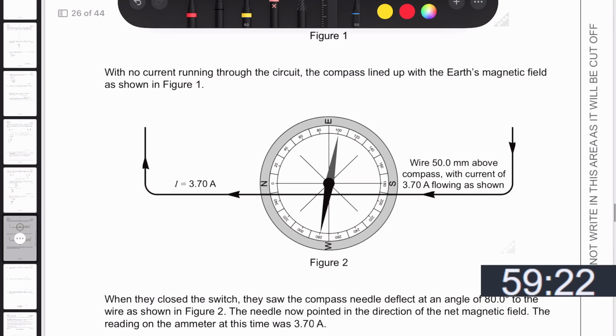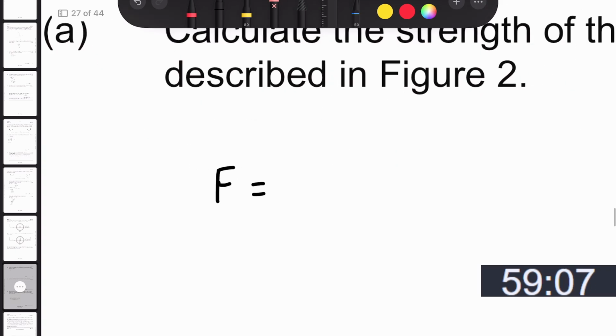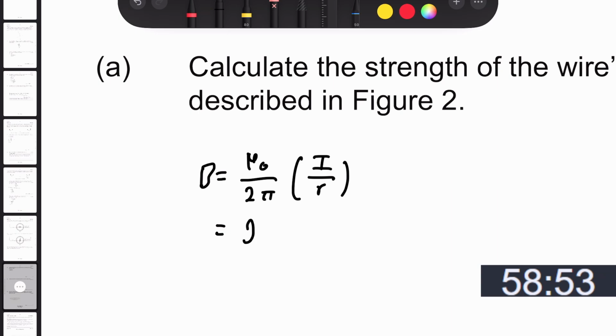This would just be F equals, let me get out the proper one. I said ILB, I think. Wait, strength of the wire's magnetic field. So this is B equals μ0 over 2π times I over r. And this is 2 times 10 to the negative 7, because μ0 is like 4π times 10 to the negative 7, I think.